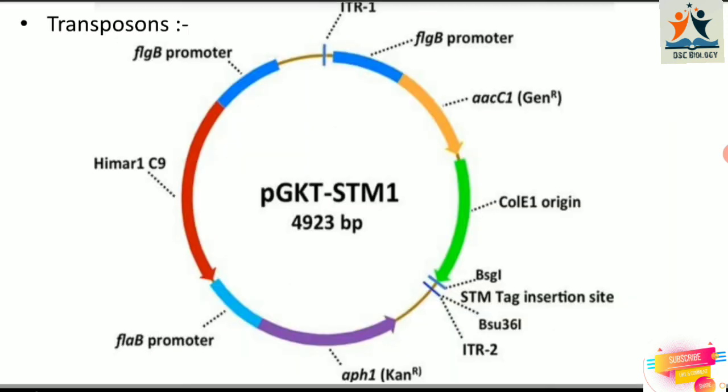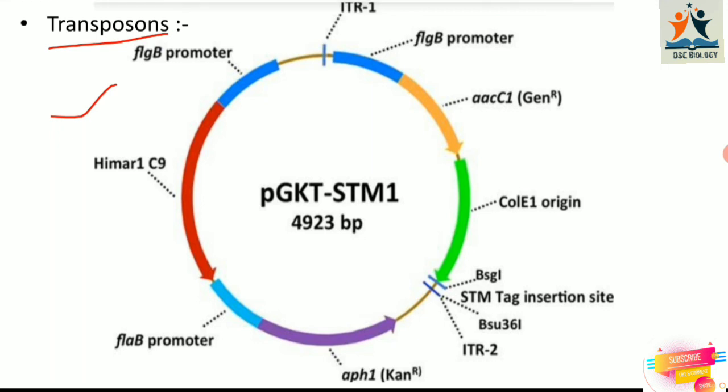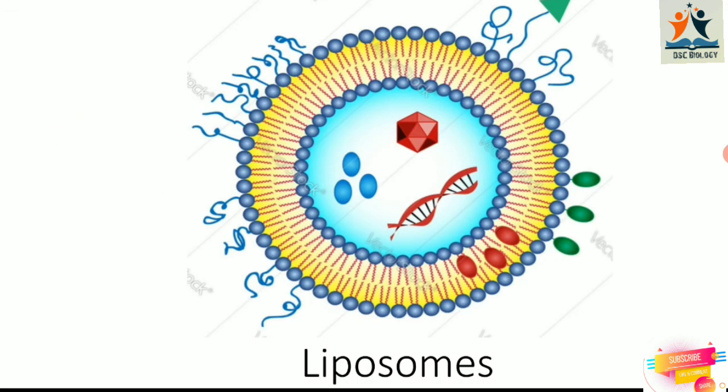Next is the transposome. This is the structure of a transposome, and it is also used for the transfer of the desired gene into the host cell, and also for insertion mutation, as you can see on the screen. Next is the liposome, also used for the transfer of the desired gene into the host cell.